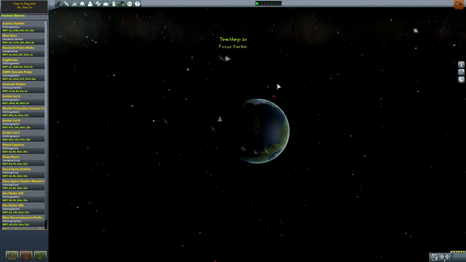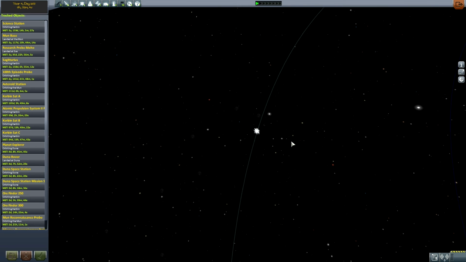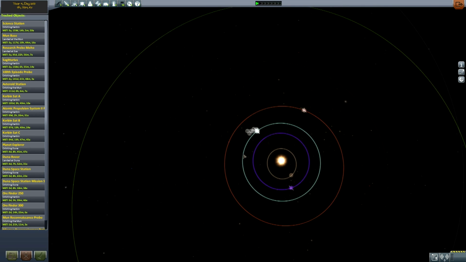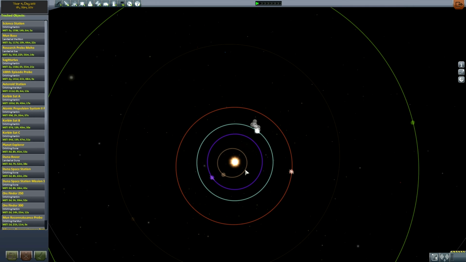And before I come to an end with this episode, I'd just like to take a look. Okay, we are here, Duna's here, so in a few days we are once again ready. No. Oh, I think it will take a little bit longer, but soon we are ready to leave Duna.